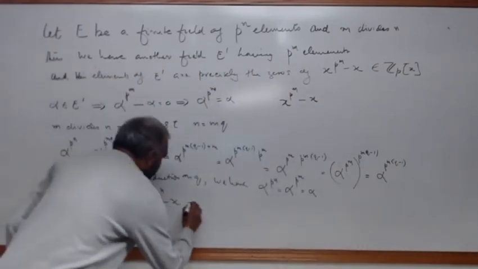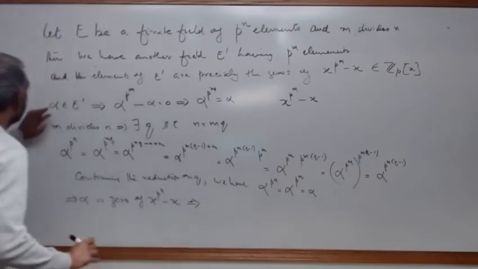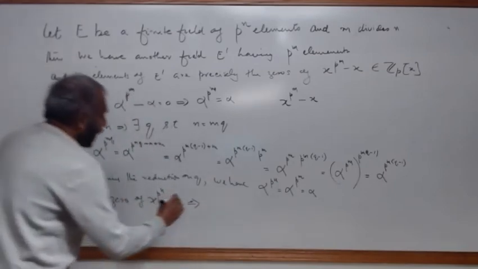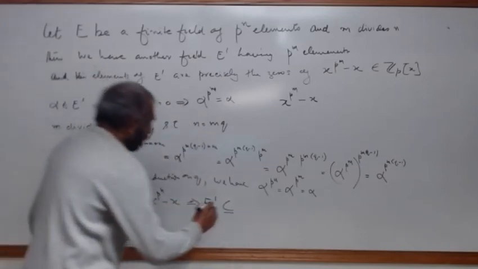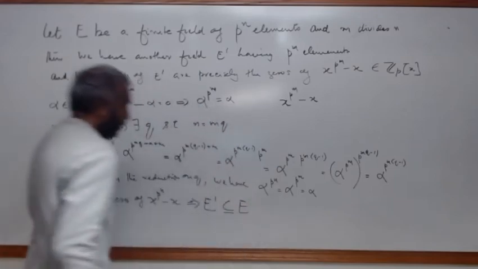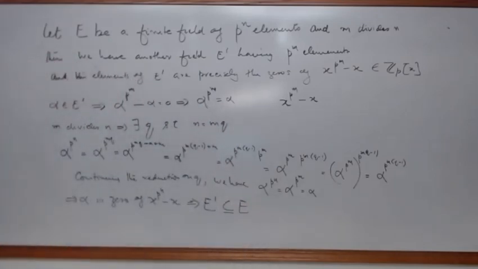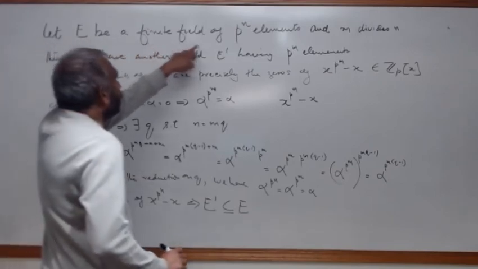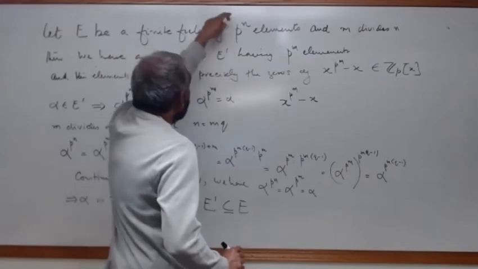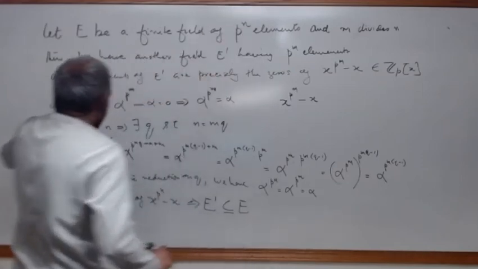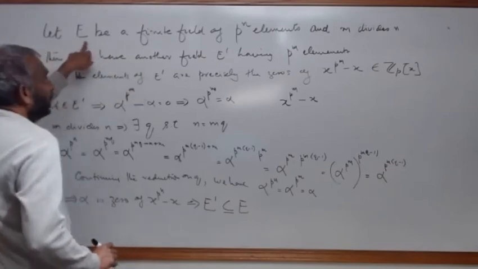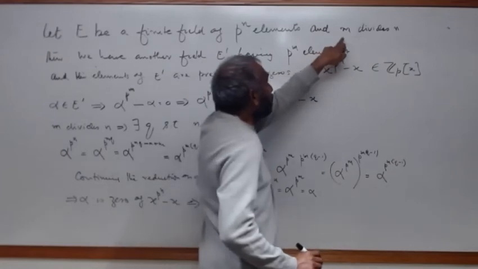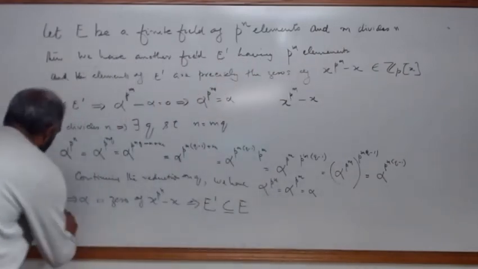And that implies E prime is a subset of, some subfield of E. So the result is, if E be a finite field of p to the power of n and m divides n, then we have a subfield of E having p to the power of m elements.